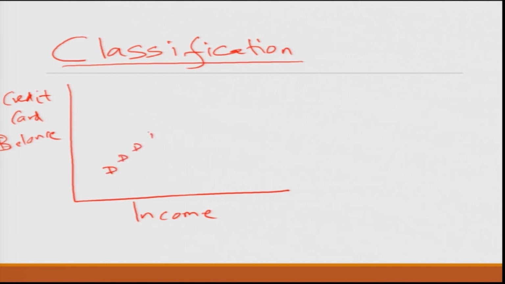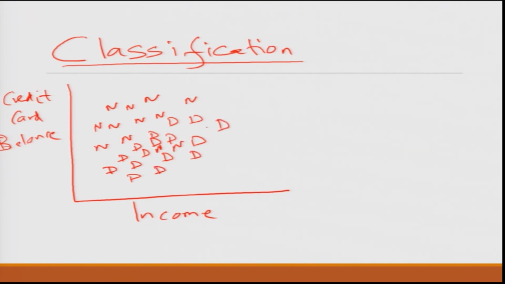Let me mark by these D's the plots of different people who defaulted, and N be the people who did not default. So, let this be a simple plot.